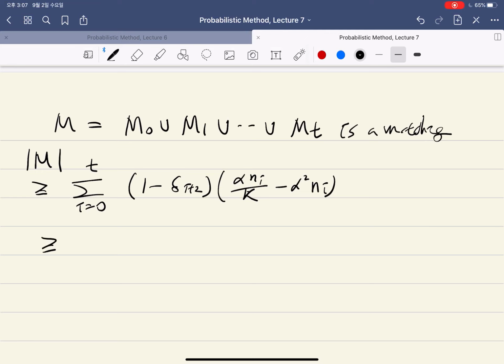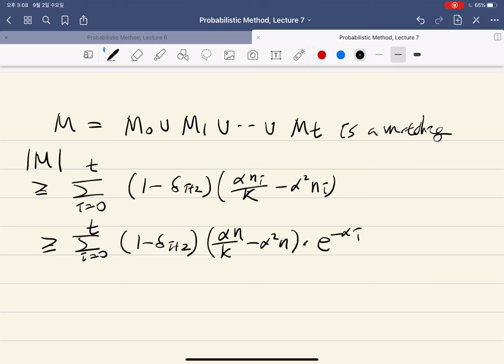And how big is it? You know what ni is. So the sum for I from 0 to T of 1 minus delta 2 k over alpha n minus alpha square n times e to the minus alpha I.